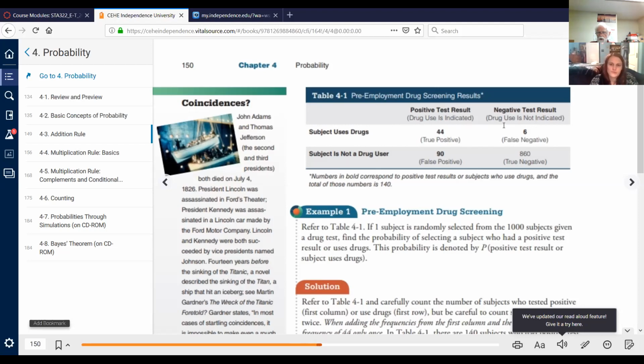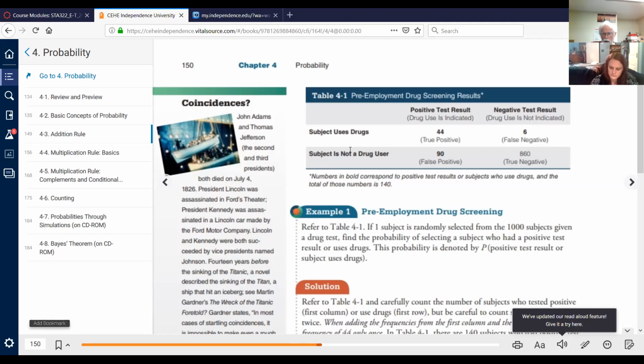So that's how we calculate these rates. 6 out of 50 is 12%, and 90 out of 950 is less than 10%. So we have a higher rate of false negatives than false positives.